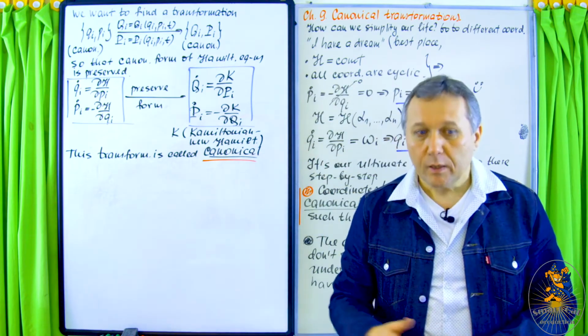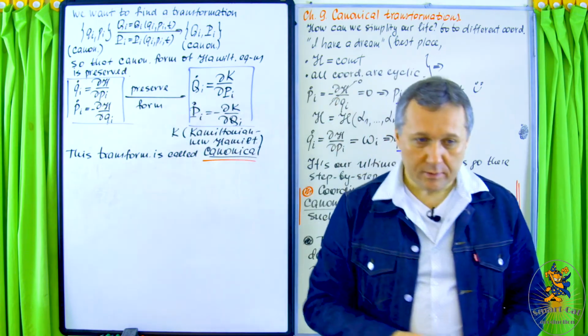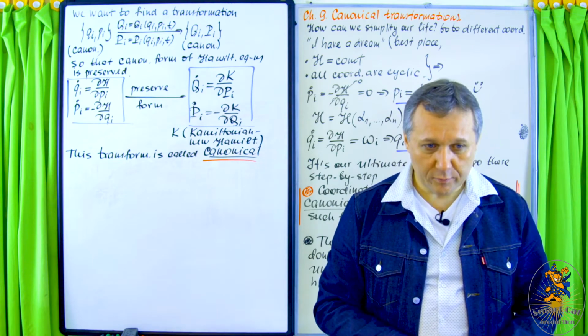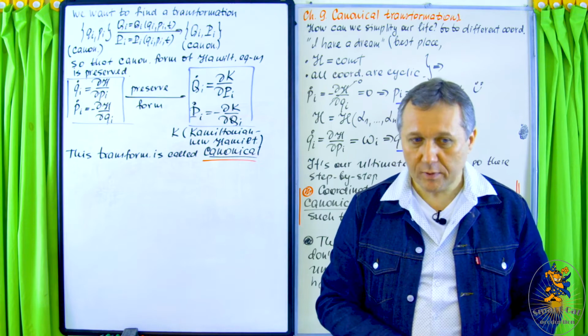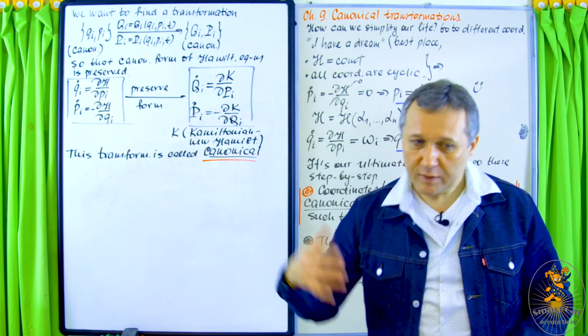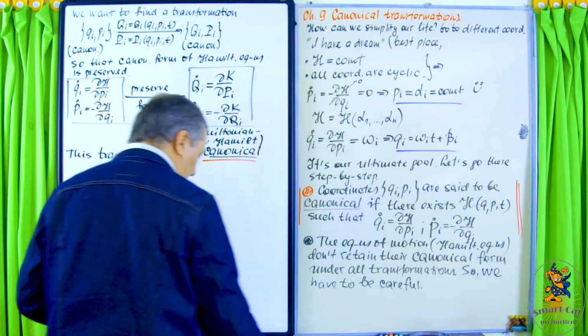But of course, as I said, not every transformation can lead you to this world. So we have to be careful. So now we need to derive a procedure, some set of equations. If you satisfy them, you will get to a nice place.